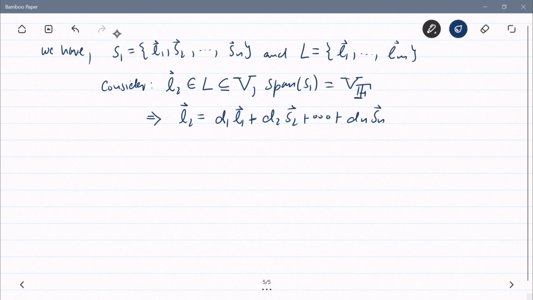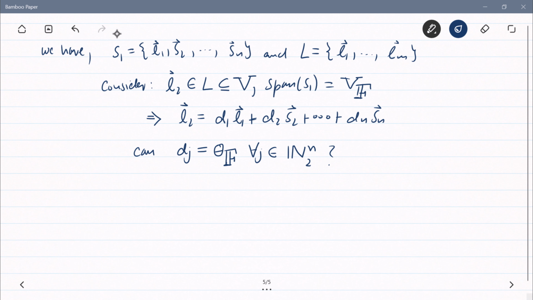Now, again, we can ask the same question. Can D sub j be equal to 0 of the field for all j's, essentially from here to n?